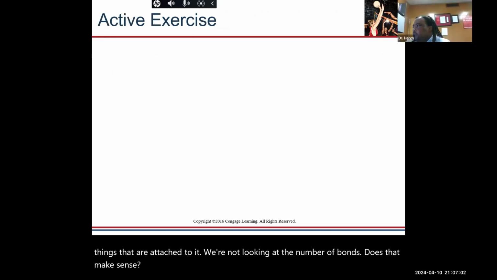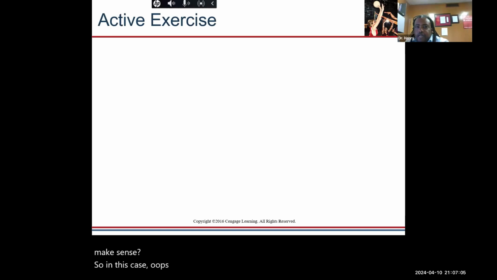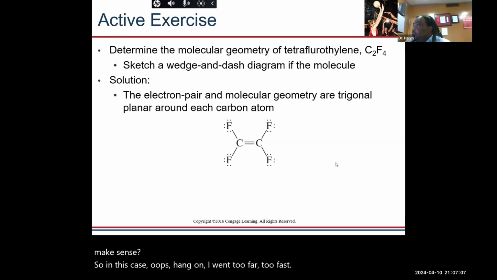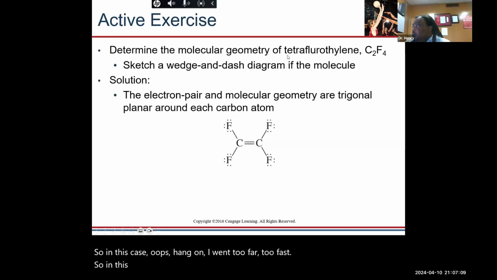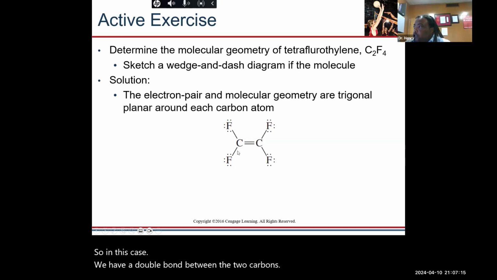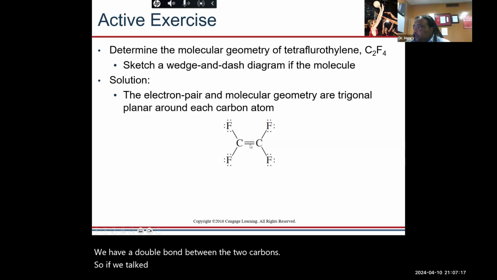So in this case, we have a double bond between the two carbons. If we talked about the shape, the electron pair geometry for this would be what?